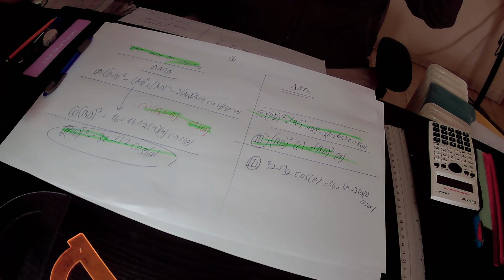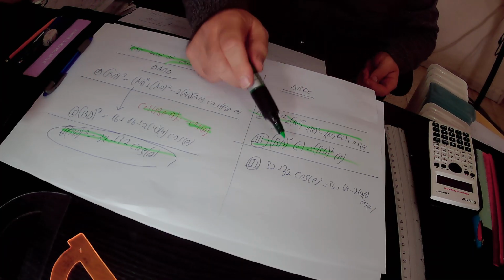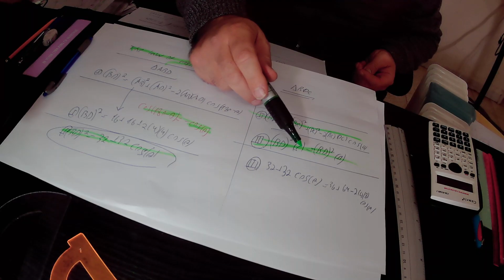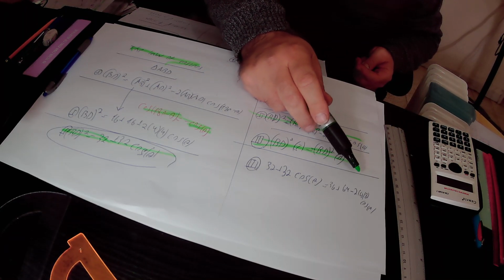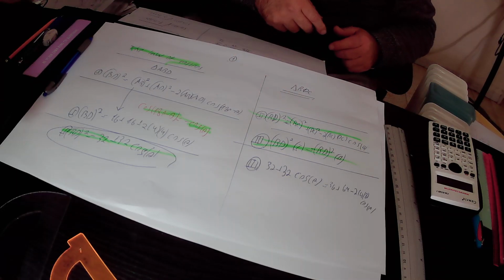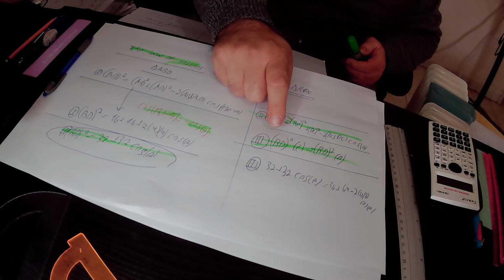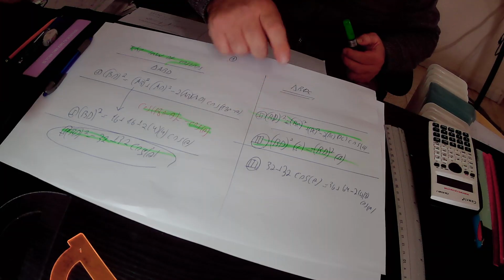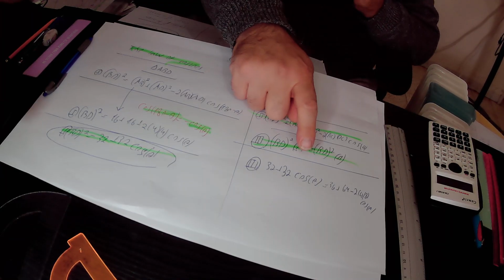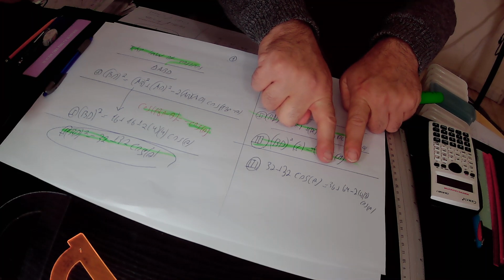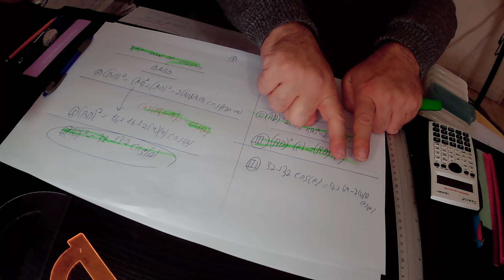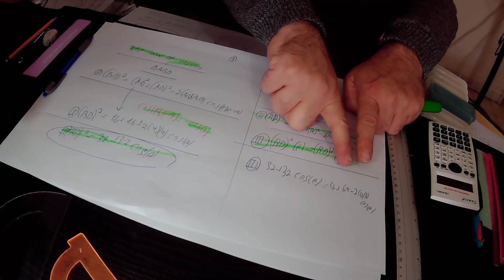So in equation 3, 32 plus 32 times cosine theta equals 36 plus 64, which is 100, minus 2 times 6 times 8, which is 96, times cosine theta.